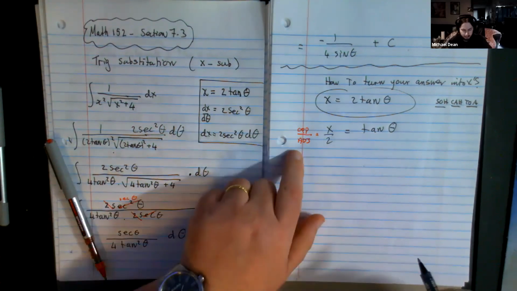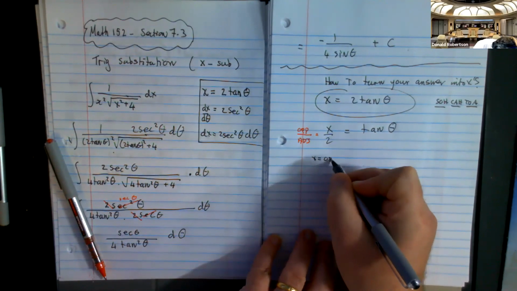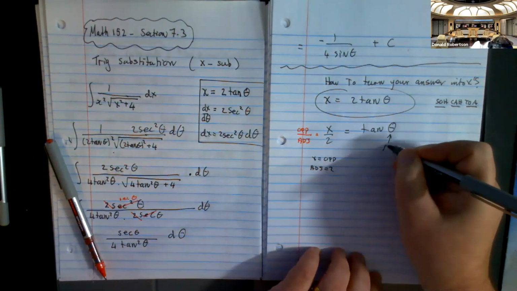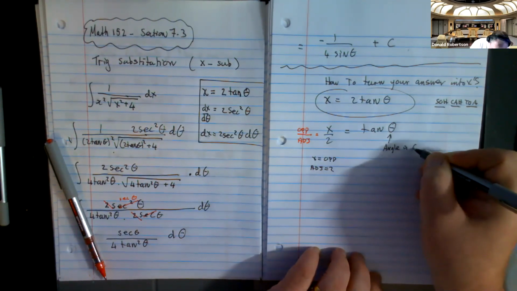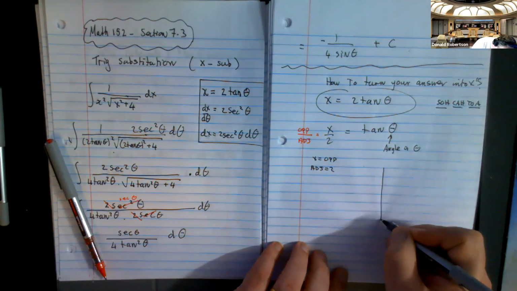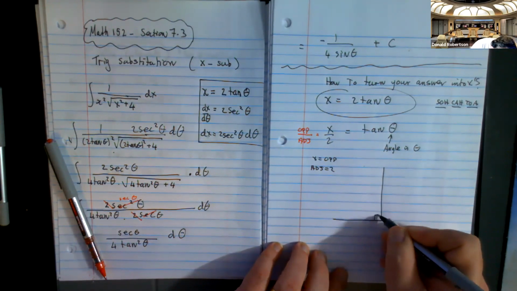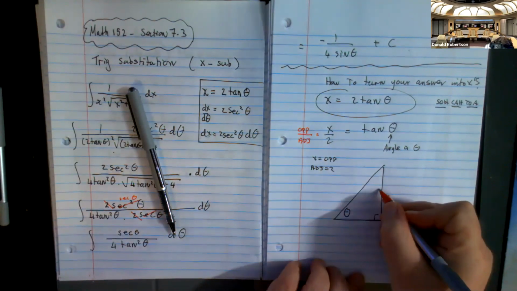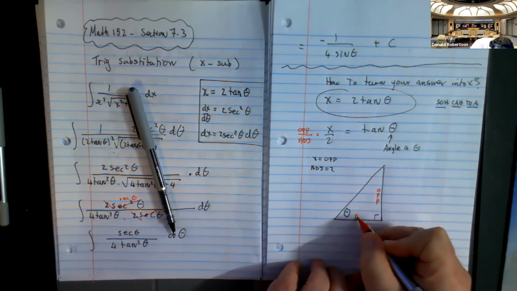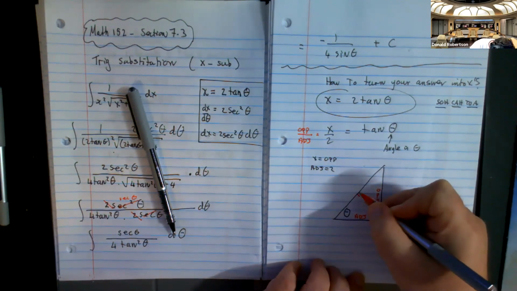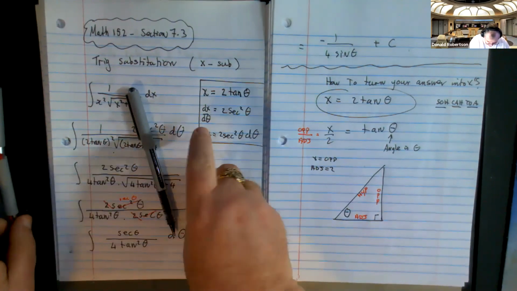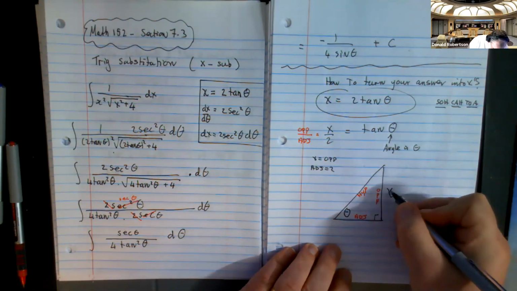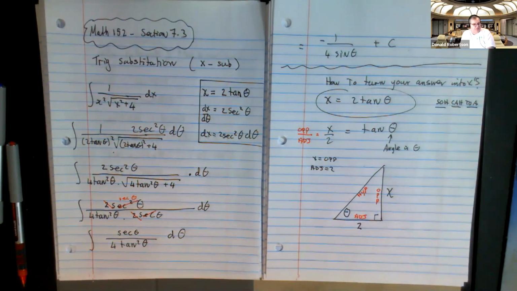Now, that means the x is the opposite and the adjacent is 2 and the angle is theta. So I'm going to construct a right angled triangle where I call this angle theta, and use SOHCAHTOA to name the other sides: opposite, adjacent, and hypotenuse. Since the tangent is x over 2, x goes here and 2 goes there. So far, so good.